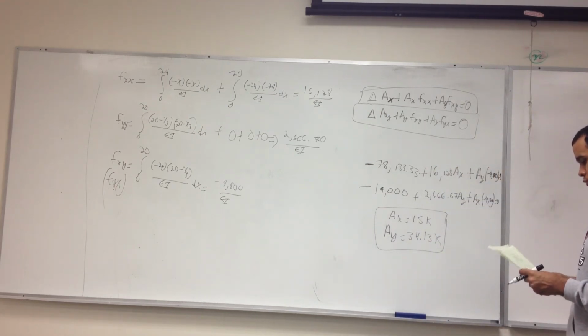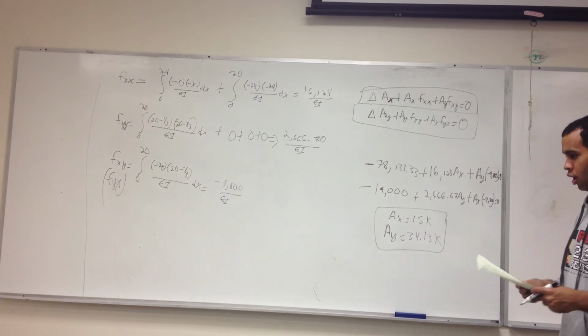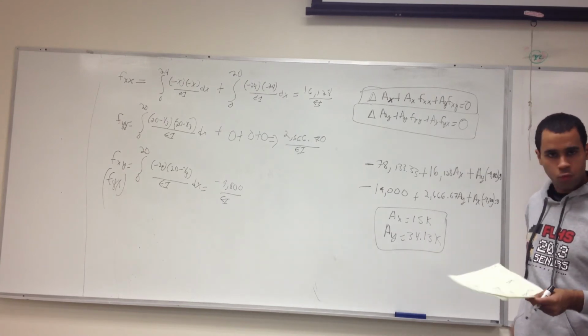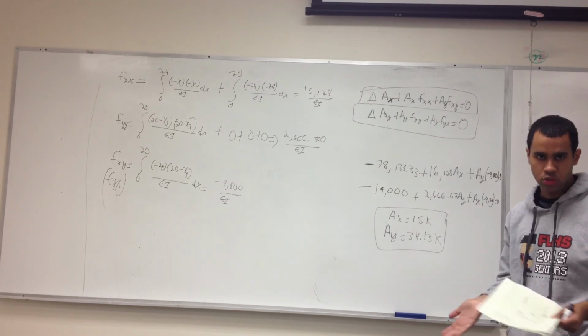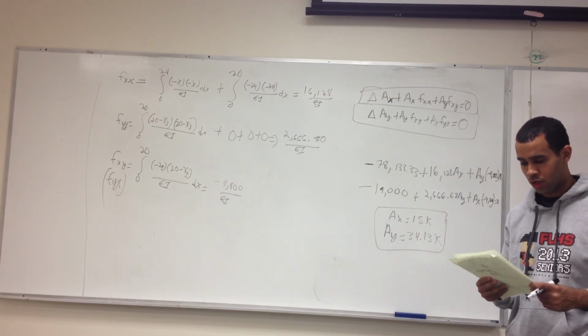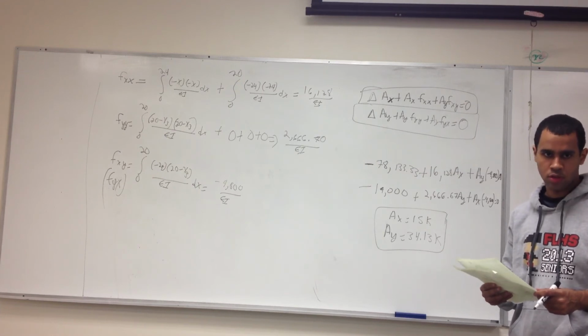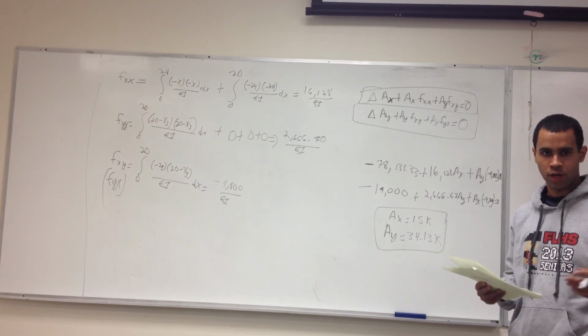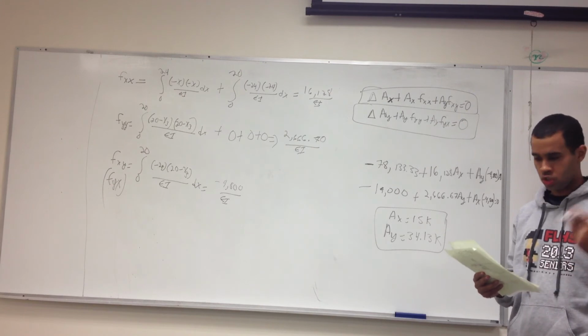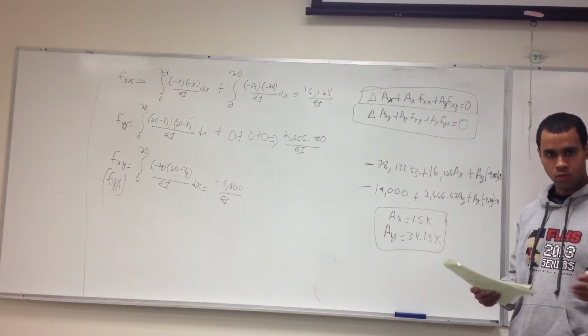Now, since we have those, we already know all of our reactions. So we can go on to the next step and do our shear and moment diagrams, the traditional way, which is by making the cuts and doing the statics.